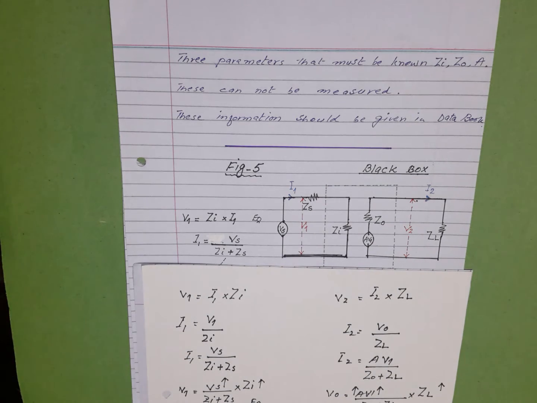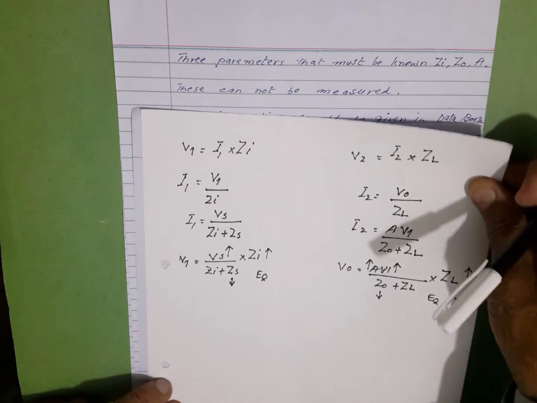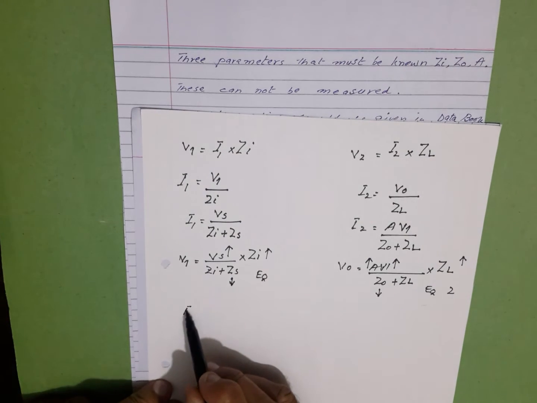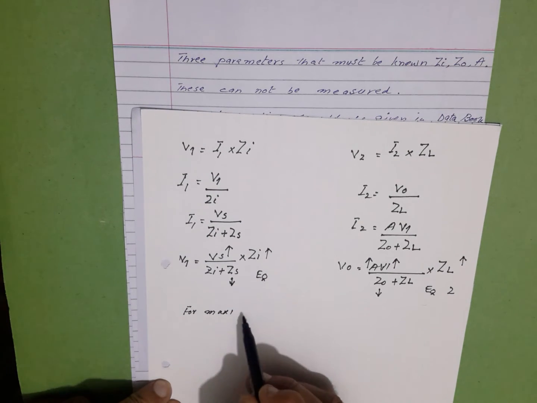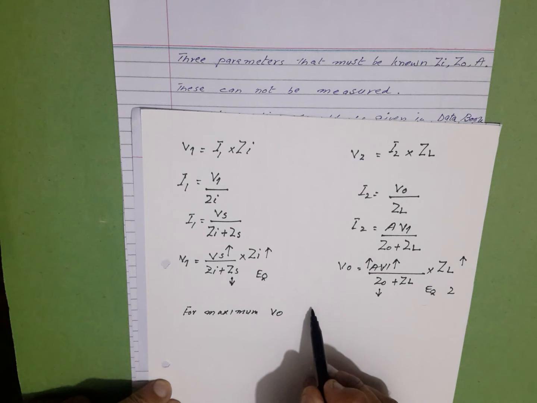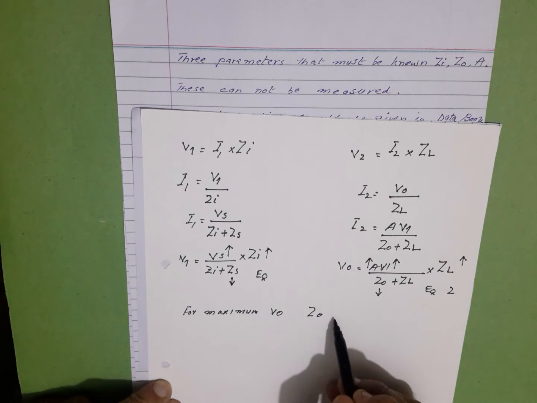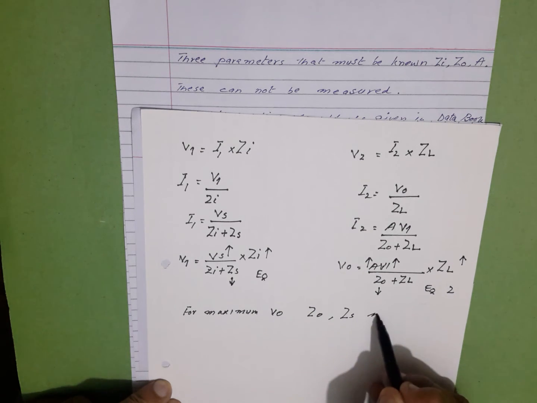Now we can write that for maximum V0, ZO and Zs should be minimum.